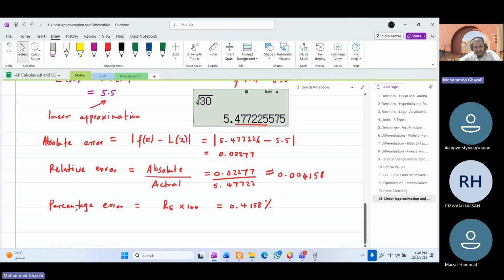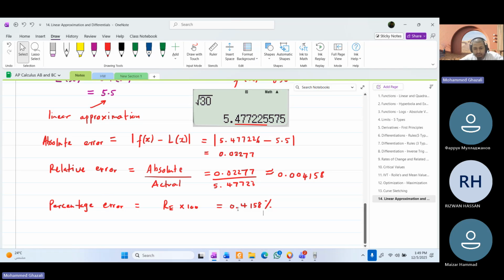But the percentage error gives you how many percent off you are from the actual answer. The actual answer is 5.477, but your percentage error margin is 0.41. So when you're doing AP statistics, you can do hypothesis tests to confirm whether this is acceptable or not in the real world, depending on the type of data that you have.